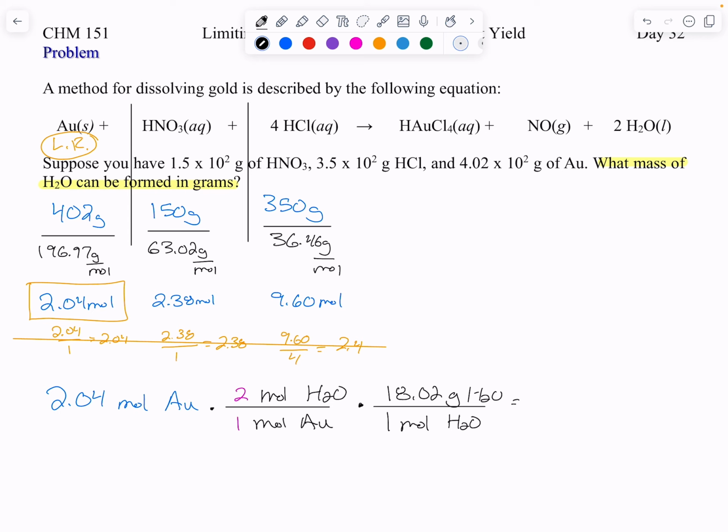If we do the 18.02 multiplied by 2 and 2.04, we get 73.52, and I really only have 2 sig figs, so it's 74.